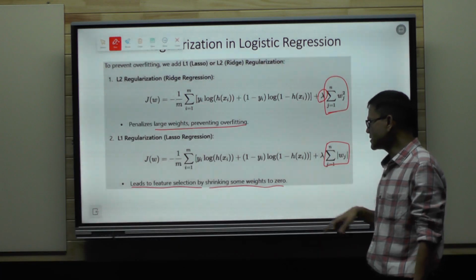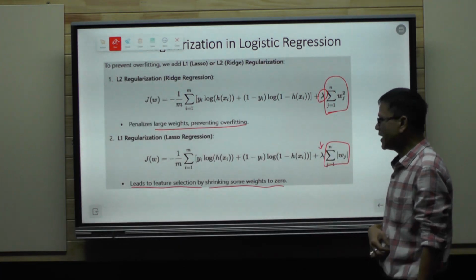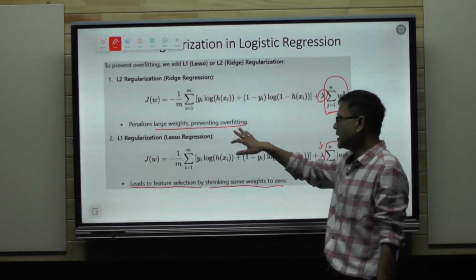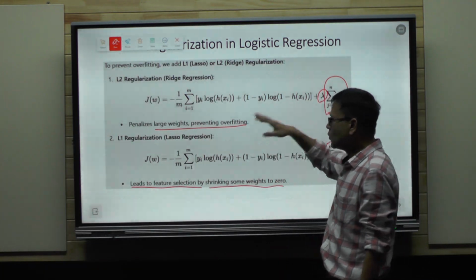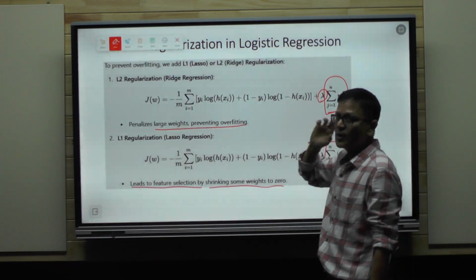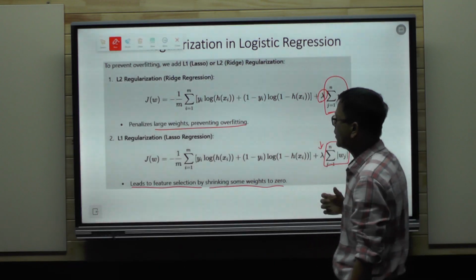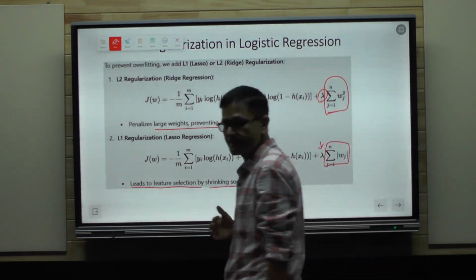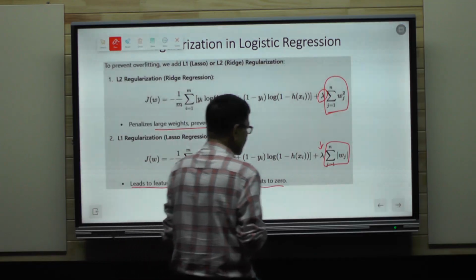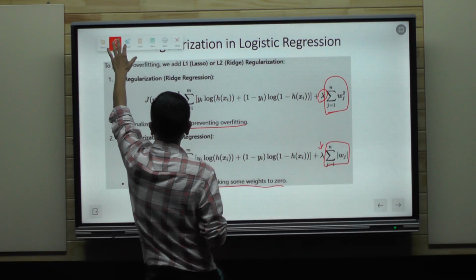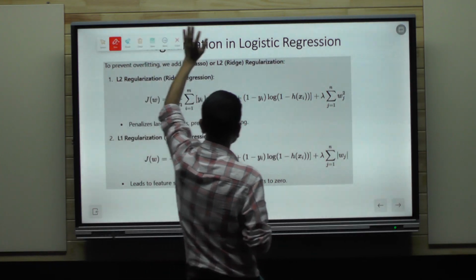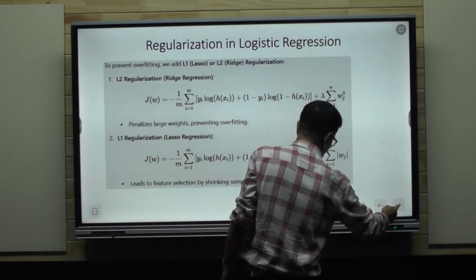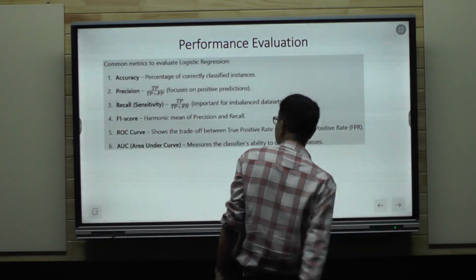So this lambda will be calculated in such a way that certain weights are shrunk to 0, and in L2 you prevent the large weights from becoming overfit. Okay, so this is how you reduce the overfitting. Clear? So that is the extension that can be used in logistic regression to prevent overfitting.